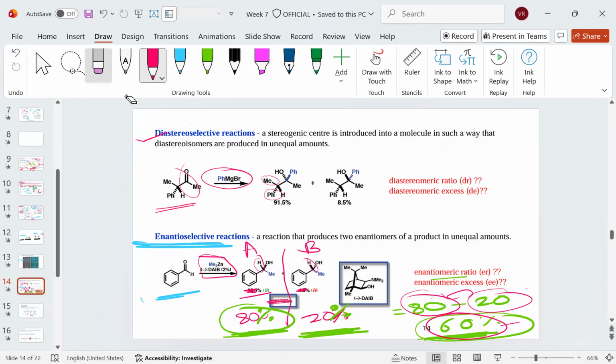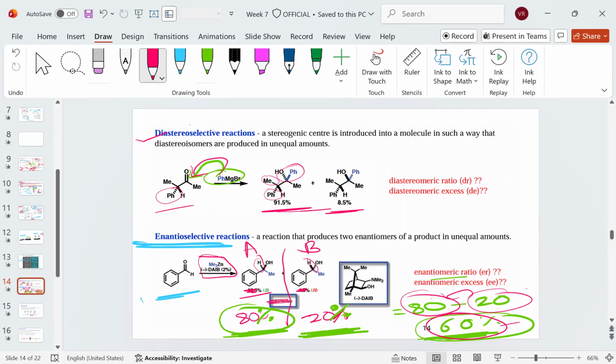If you compare the phenyl and the methyl, the phenyl group is bulkier, and therefore this incoming new phenyl, the green phenyl, comes from the opposite side, since the adjacent phenyl is directing downward. This new incoming nucleophile attacks from the upward side, and we get this as a major product and another as a minor product.